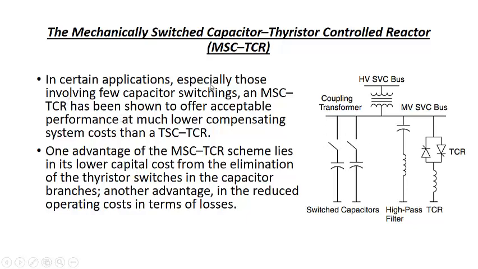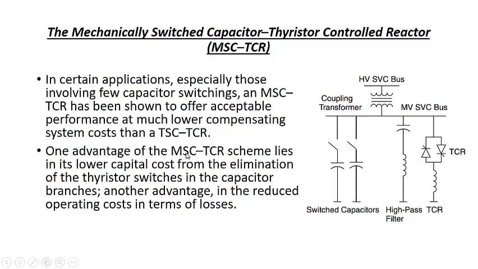In certain applications, especially those involving few capacitor switching, when we open and close these switches very rarely, we can use a mechanically switched capacitor because it offers acceptable performance at much lower compensating system cost than TSC and TSR. If you use TSC, it will be costlier as compared to a mechanically switched capacitor.